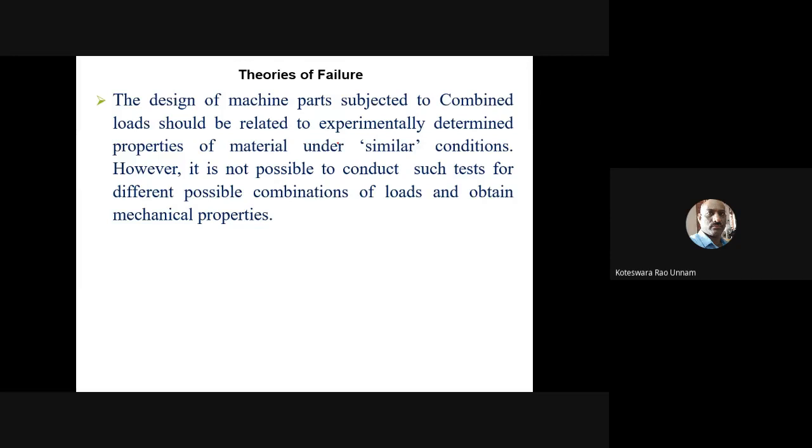So in order to estimate whether the component I am designing is going to be safe for the given conditions or not, conducting experimentation for each and everything is going to be very difficult, or even not possible, because experimentation involves a lot of cost. You need to set up the experimental setup for each and every situation, and then carry out the experimentation.